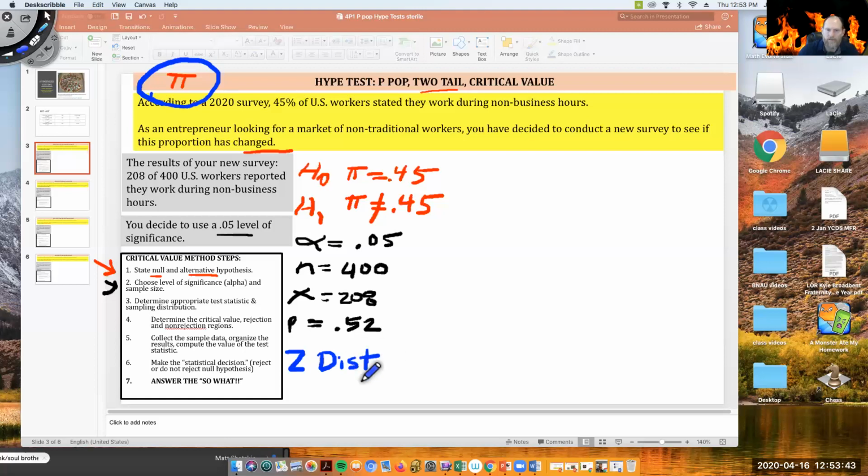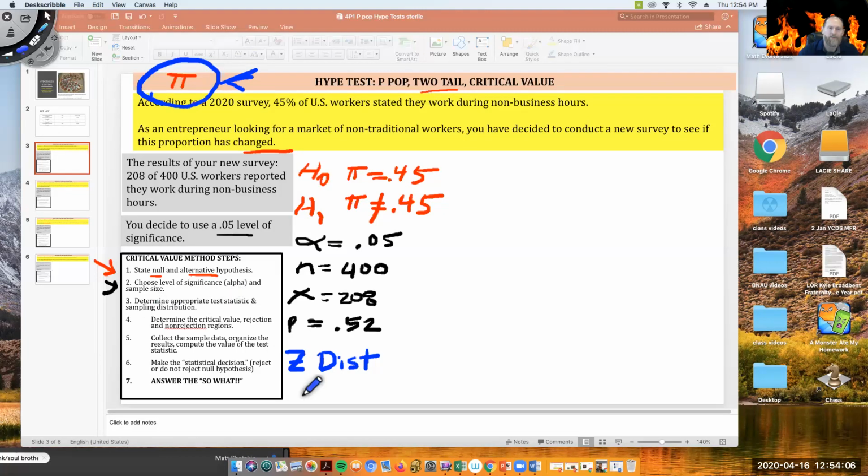So I haven't thought of a cool phrase, P is Z, Z is P, with, if we're rolling with P-pop, we're rolling with the Z, whatever works for you. But we only have one option down here. If we've identified this correctly, which we have, we only have one option down here. That's the Z distribution. So that answers the distribution part.